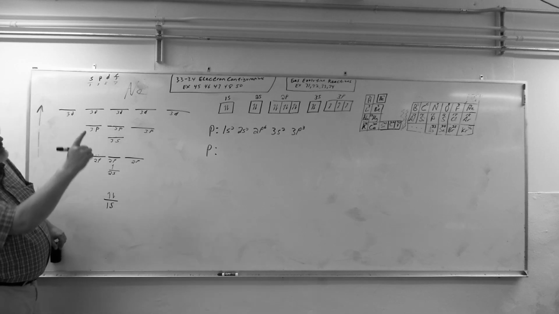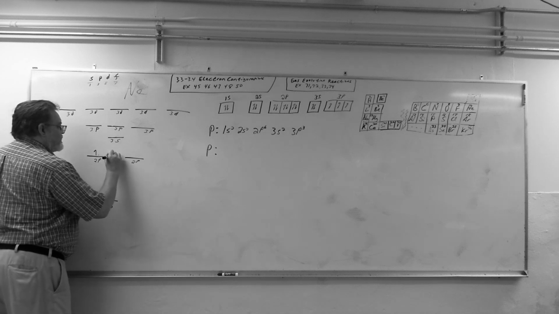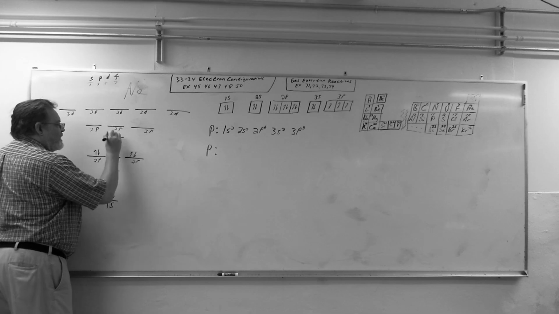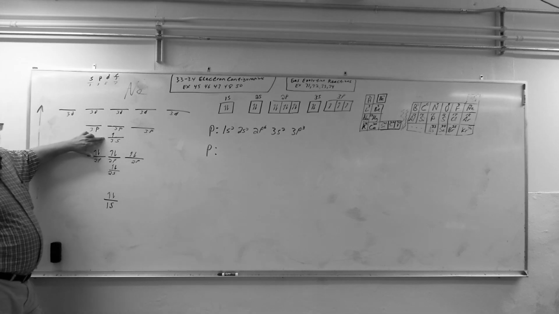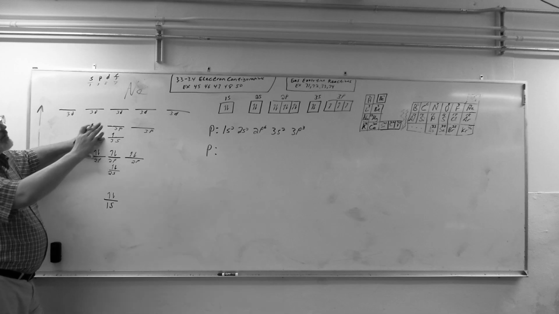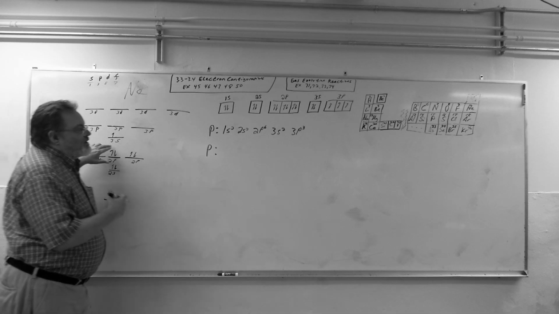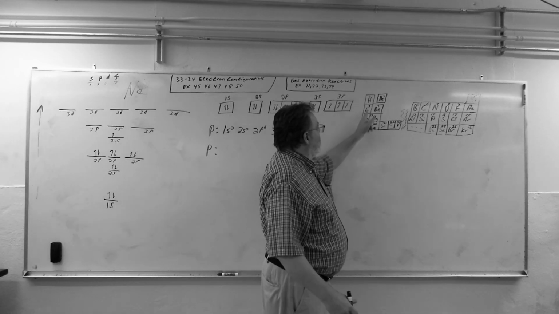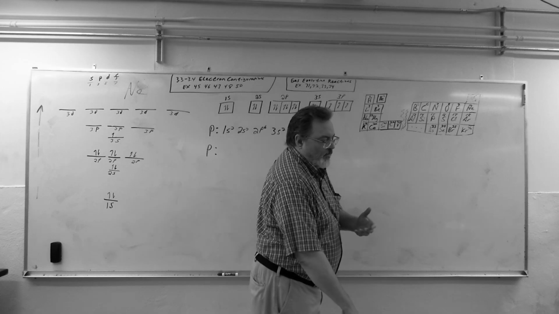If I go from lithium down to sodium, its electron configuration is that. Everything below it full, 1 electron in the s orbital. And this would continue if I went on to potassium, I would have 1 in the 4s.